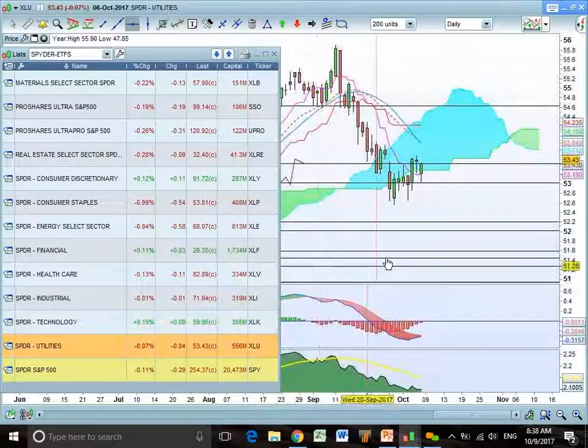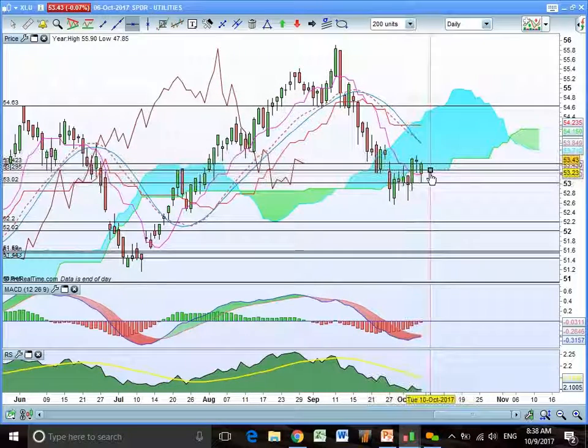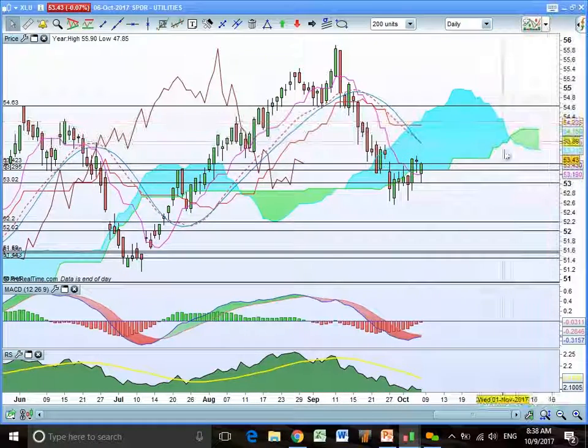Utilities, fighting for support at the bottom end of the cloud at a critical level, watching closely to see when the MACD buy signal will come through. Looking desperately for support around these levels here, 53.92, 53.42 key support zone. The front end of the cloud is indicating that we've got a downtrend emerging.